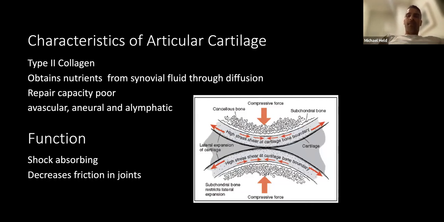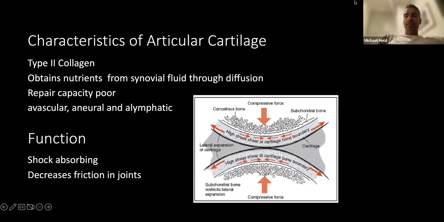So the characteristics of articular cartilage: it gets most of its nutrition via diffusion. If the cartilage is unhealthy or gets old, this nutrient flow is poorer, and it has an effect on the cartilage viability, but also on its repair capacity.